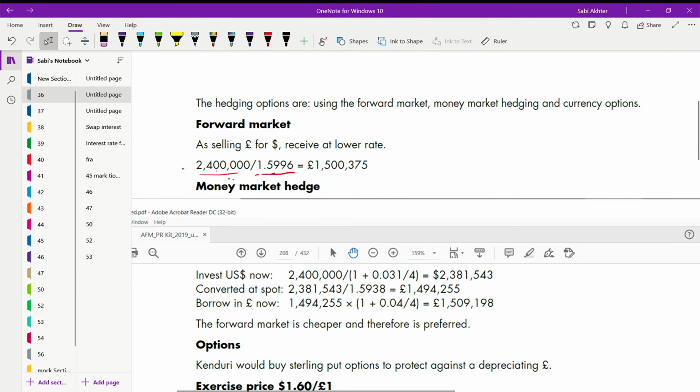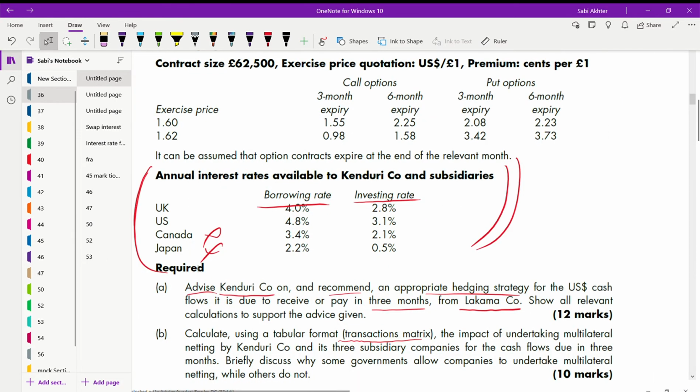So money market, if you see, you need to invest, you need to convert, you need to borrow. First you need to see, right? What are you going to do? You need to buy.